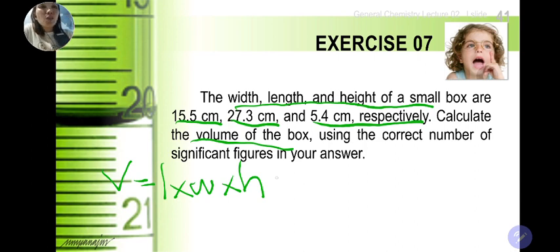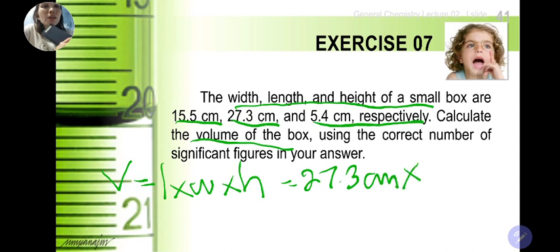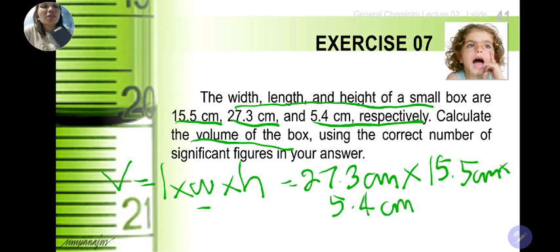Okay. So our length is 27.3. Let's follow this one, 27.3 centimeters times width, which is 15.5 centimeters. And then our height is 5.4 centimeters.